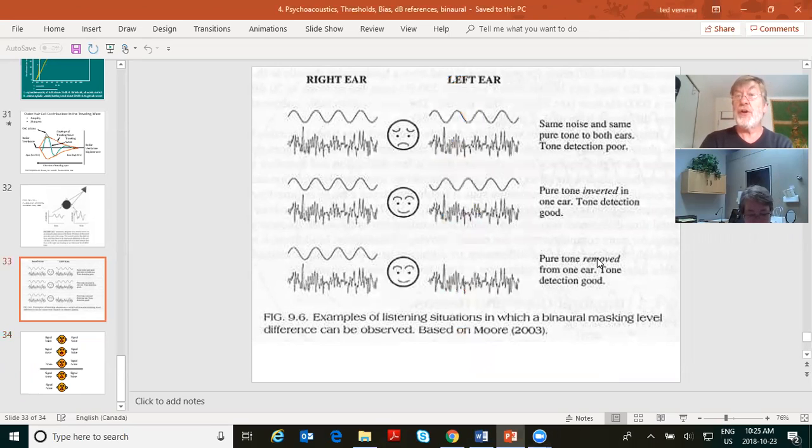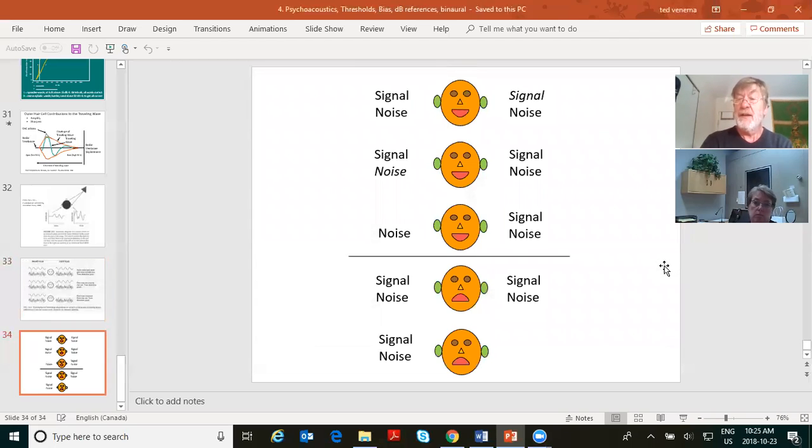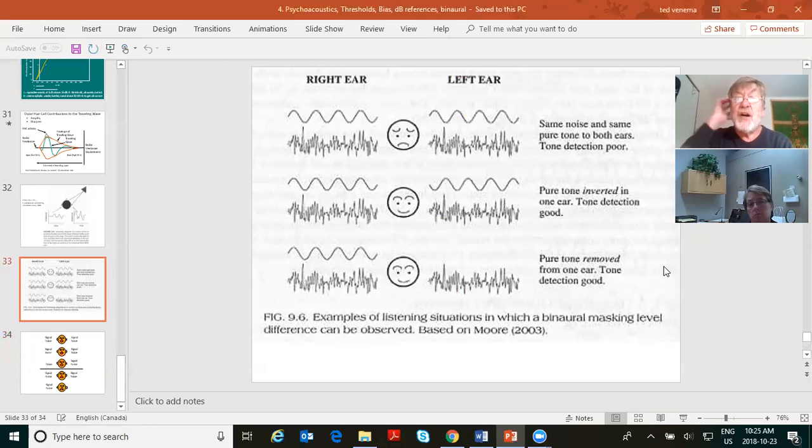Tone detection's good. Look at the bottom one. Pure tone is removed from one ear. Tone detection again is good. That's like my third head here. That's like the pilot who takes off one headphone and listens to the tower coming through his one headphone.